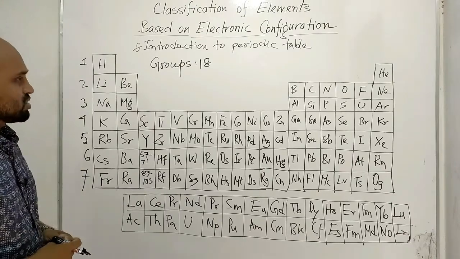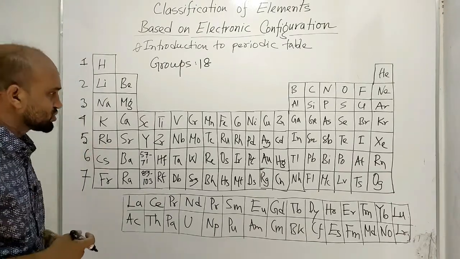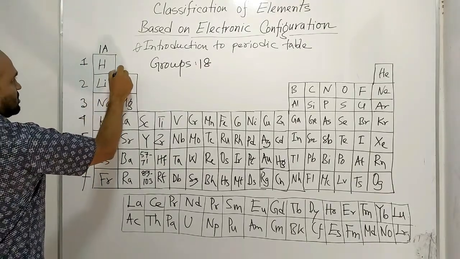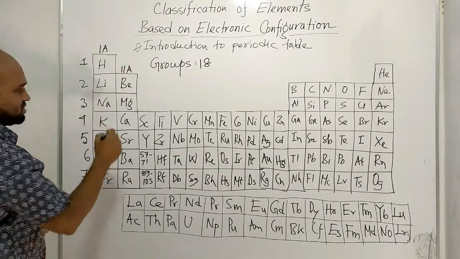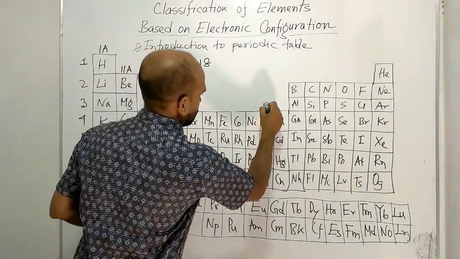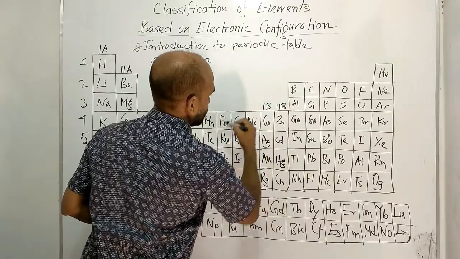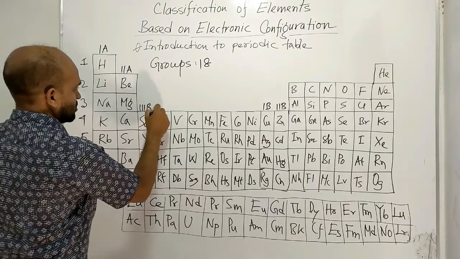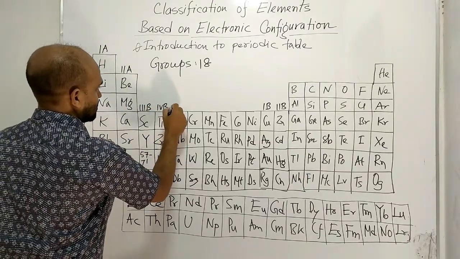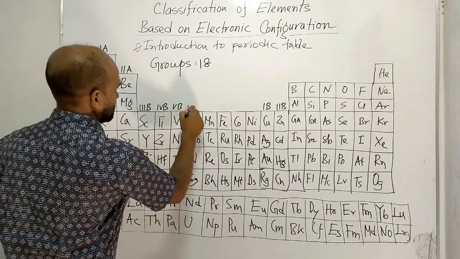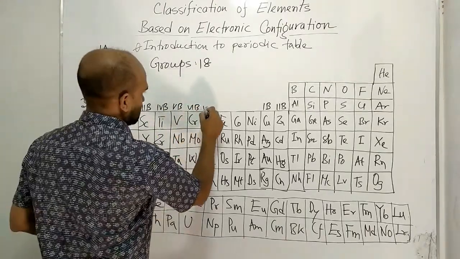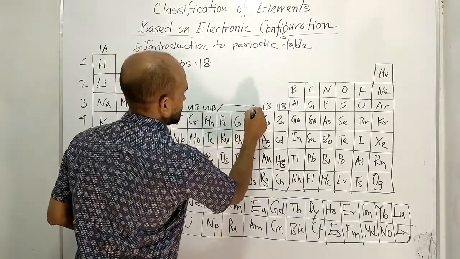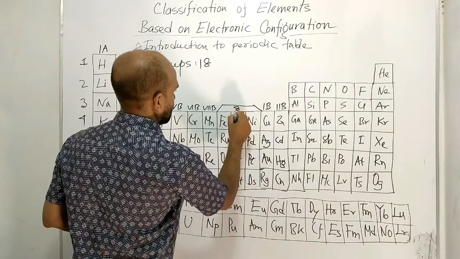According to modern periodic table, these groups are named as 1A, 2A, this is 1B, this is 2B, this is 3B, 4B, 5B, 6B, 7B. These 3 columns are together column 8.